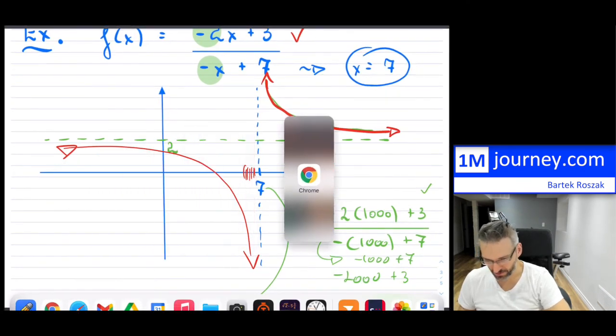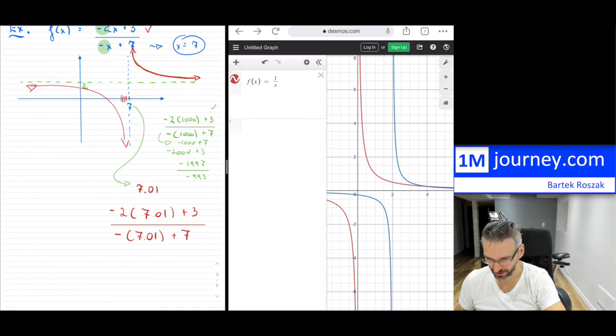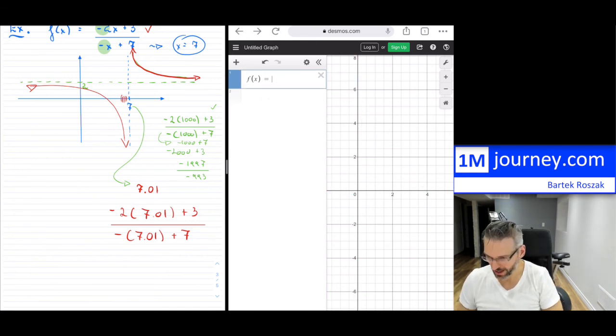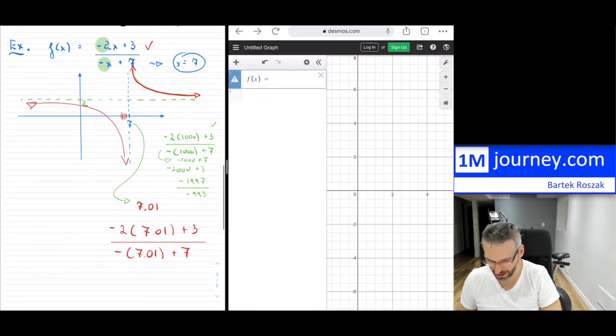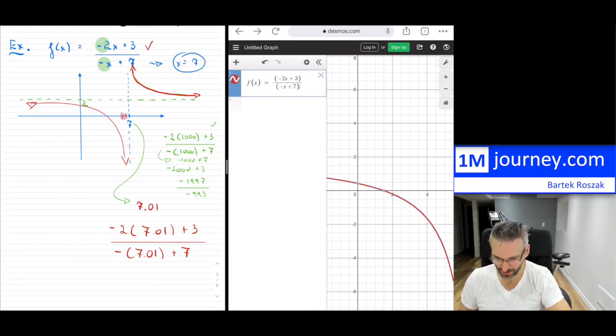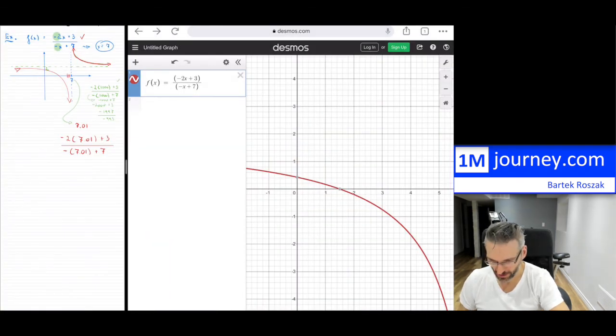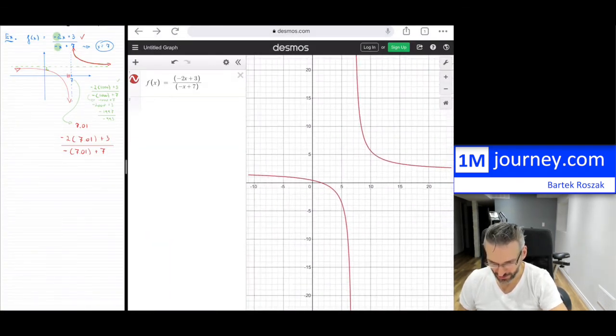Bring back Desmos. Let's put this back in here. What did we have? I'll put it in brackets: negative 2x plus 3, all over negative x plus 7. Notice what happens.